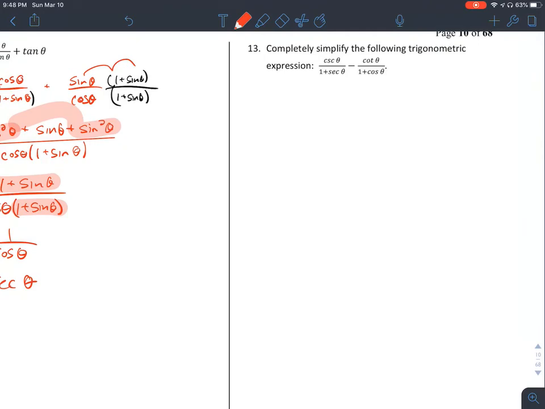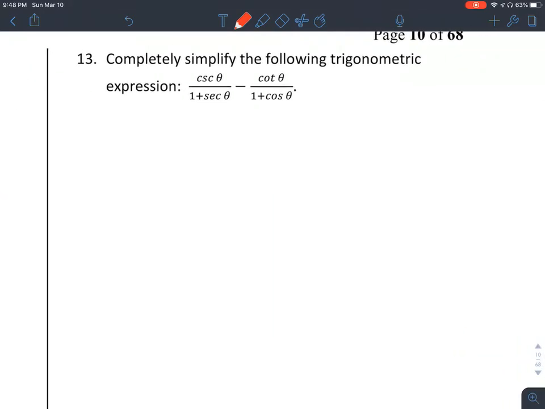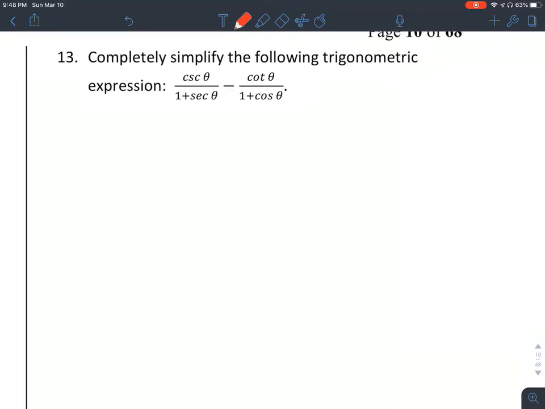All right, last one. Simplify the expression completely. So we don't know what the answer is going to look like. Could be one trig function, could be multiple, could just be a number. Let's see what happens. I will start by making this one fraction and see what happens.